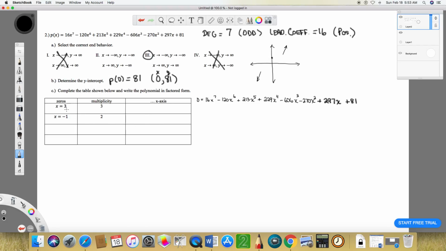So we can do synthetic division 3 times on this, and each time we're expecting to get a remainder of 0. Let's make sure we don't have any missing terms. I don't believe that we do.